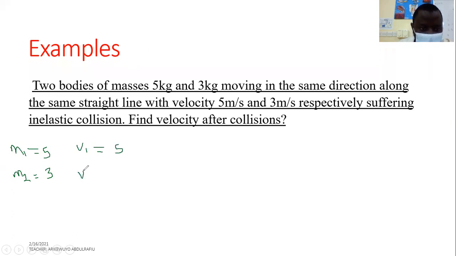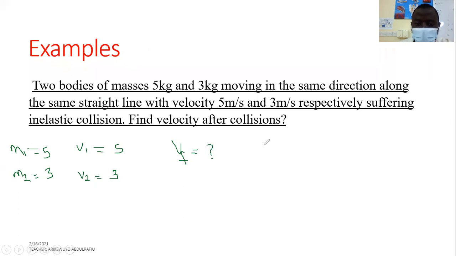And that of the second body, V2, is equals to 3 meters per second. Are you following? Now, I'm looking for the final velocity after collision, Vf. I don't know this. This is an inelastic collision.